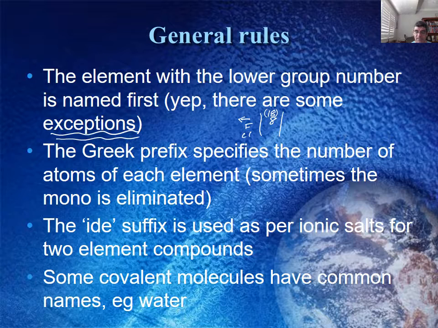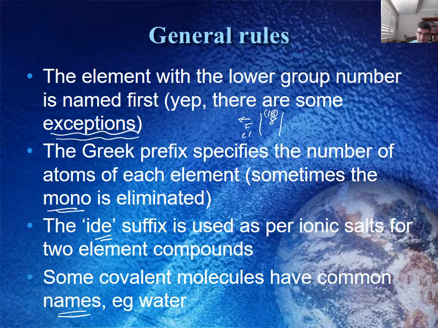The Greek prefix specifies the number of atoms of each element. So for reasons of economy, often the mono isn't identified, and we only use that number to indicate more than one. The ide is the same rule as we use for the ionic salts when we have 2 elements, and I guess importantly there are certain types of compounds which you could name a certain way but which actually have more common names.